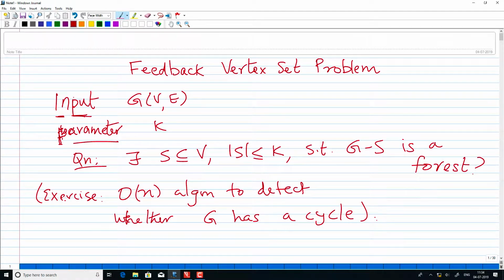So what would be a brute force algorithm for this? Okay, it's always a good starting point to know what your benchmark is that we are trying to improve, right? So what is a brute force algorithm for this?